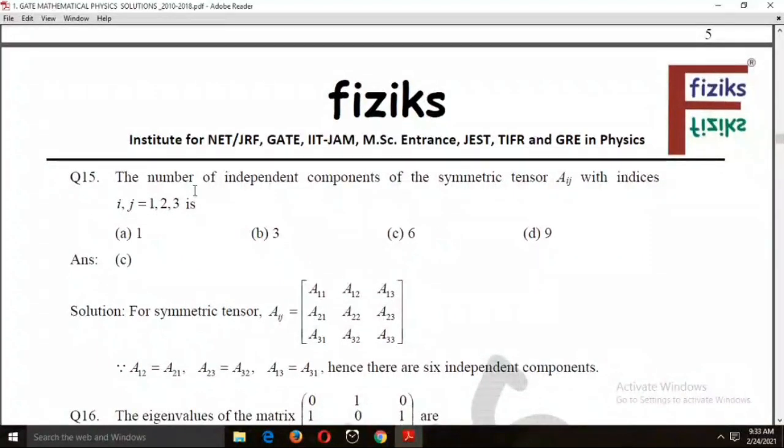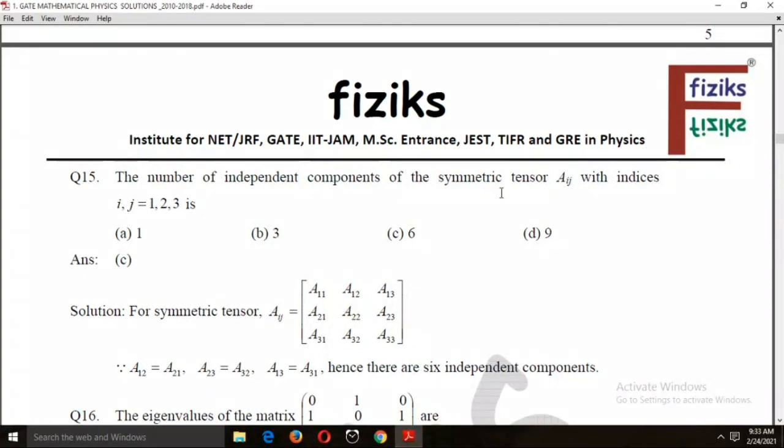Here, the number of independent components of the symmetric tensor Aij with indices i, j from 1 to 3 each. So this is the same question, question number 1 we discussed. Here symmetric tensor, so our answer will be n(n plus 1) by 2.